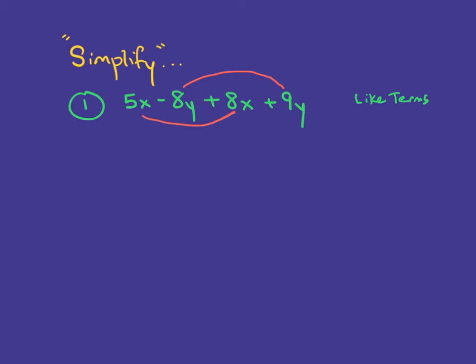That's negative 8. And then we've got positive 9. And when you combine these, you're going to put the numbers in front together. 5 and 8 is 13x. And then negative 8 and positive 9. If you put negative 8 plus 9, if you think about that, you'll get a positive 1y. And for our final answers, we're not going to put a 1 in front of a variable. You'll leave that off. So 13x plus y, not 1y.